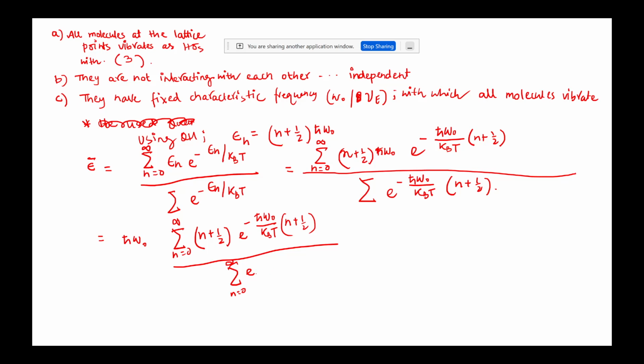I'm not writing the limit every time because you know this will be 0 to infinity. So this is the sum of (n plus half) e to the power of the exponent.